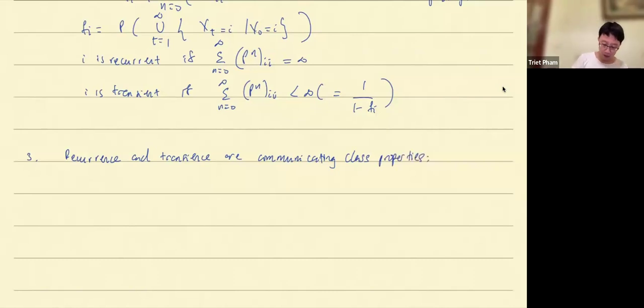The precise statement is that if I is recurrent, and I and J communicate, then J is recurrent.